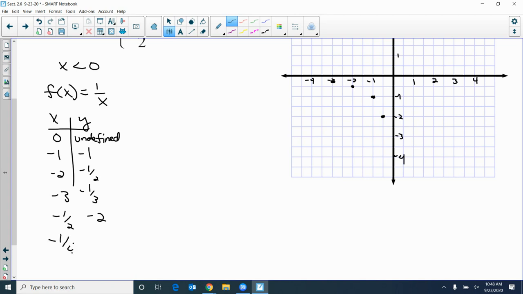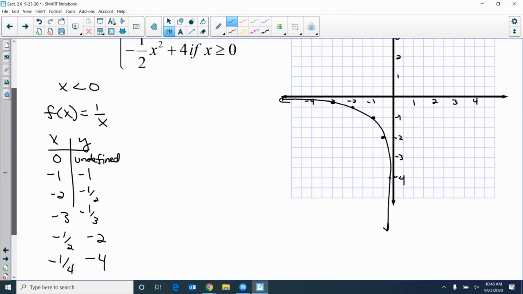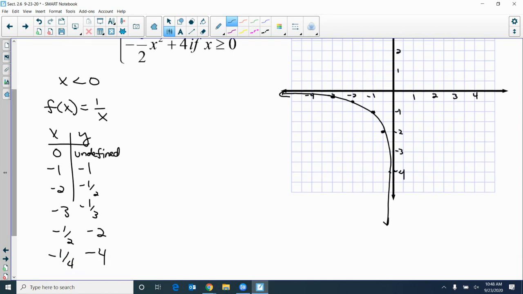What's 1 divided by negative 1/4? It is negative 4. So if you look, that looks like this.